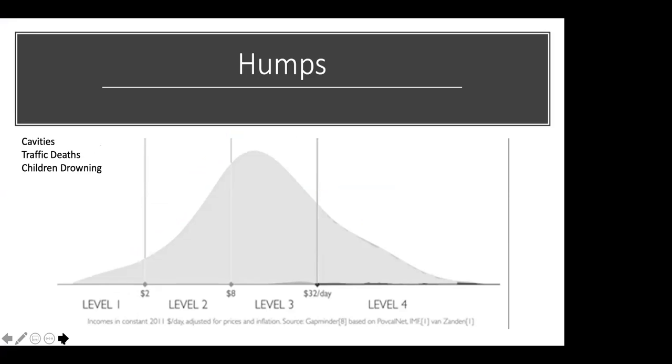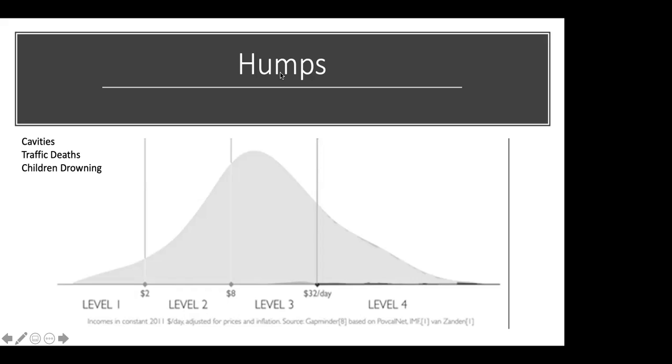On level 1, there are few cavities because they cannot afford candy. As they can afford candy, they get cavities because they can afford candy but cannot afford a dentist. As income goes up, cavities go down because they can afford candy, toothpaste, and dental care.